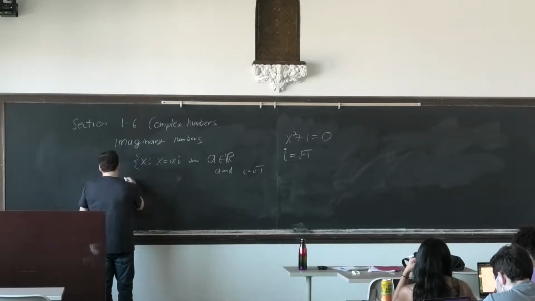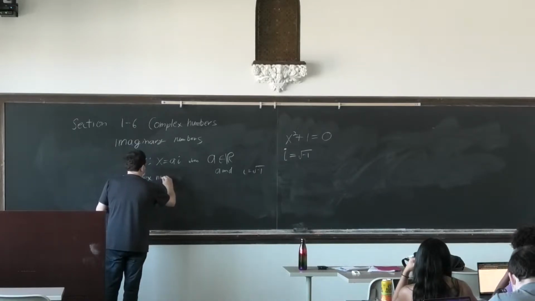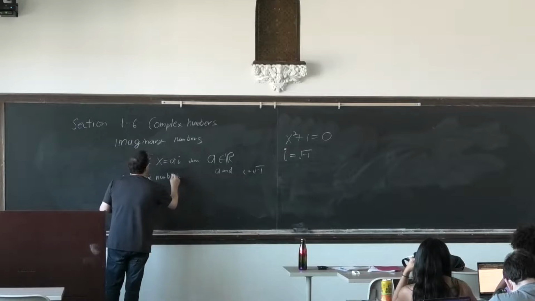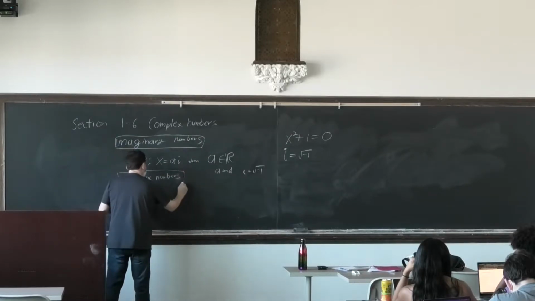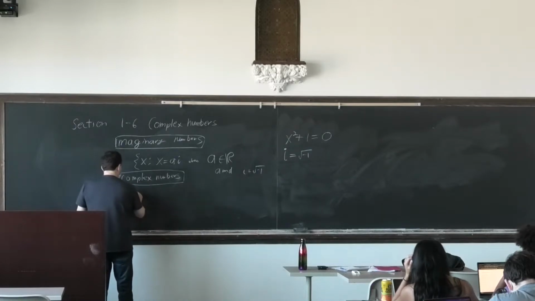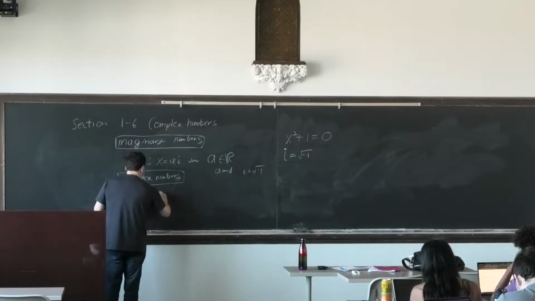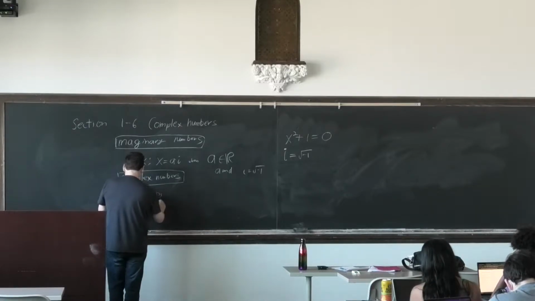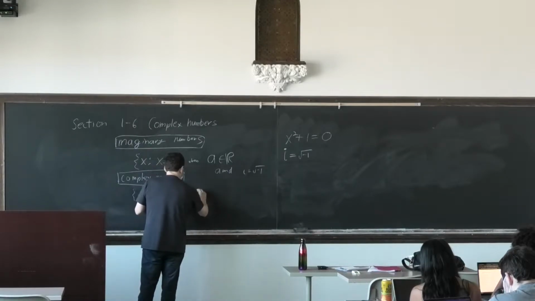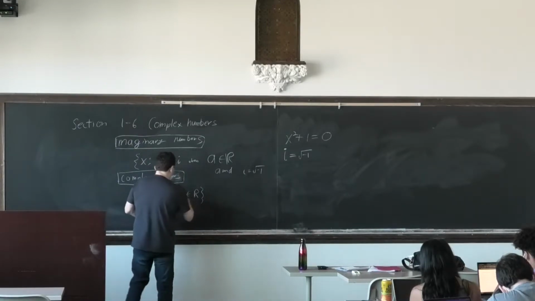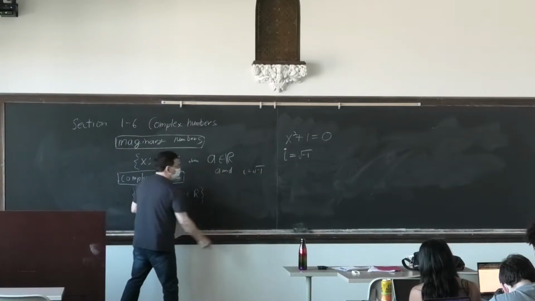And then we define complex numbers. A box around these, as a number a plus bi, where a and b are reals, and at this point we know that i is always going to be the square root of -1.